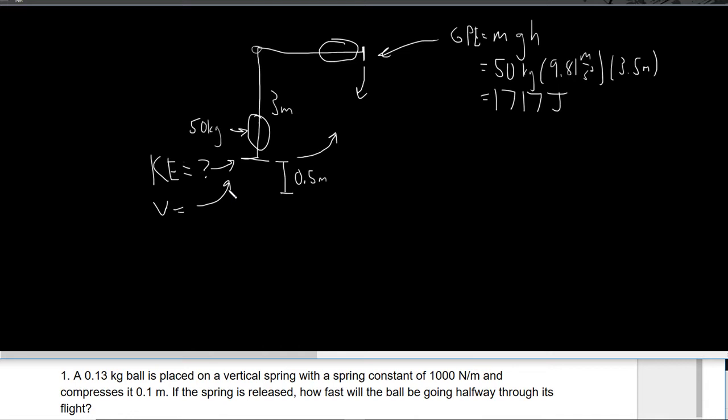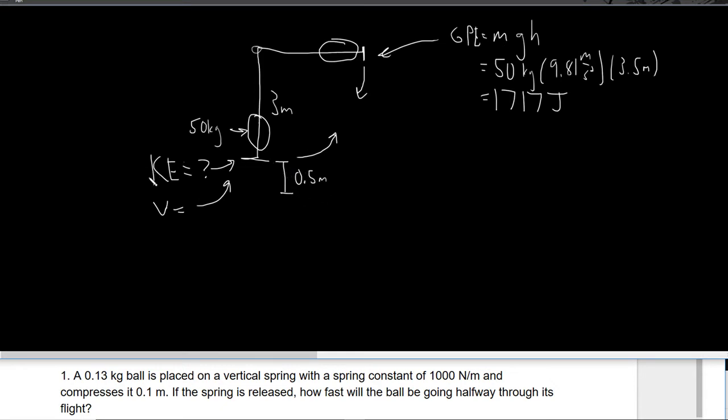All right, so we've got our gravitational potential energy here. Now, where this differs from the transforming energy video problems is this swing isn't coming down to the ground. The swing's only coming 0.5 meters away from the ground.